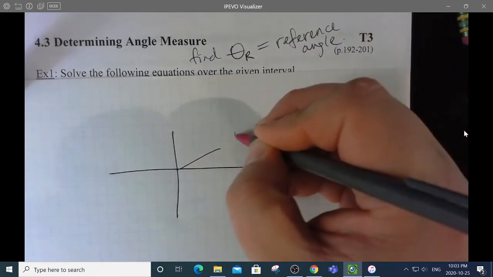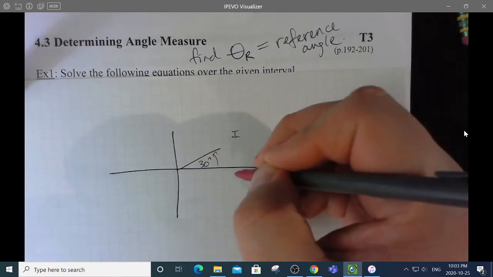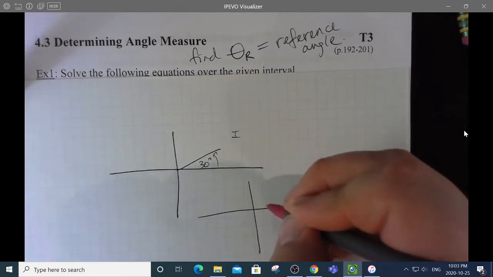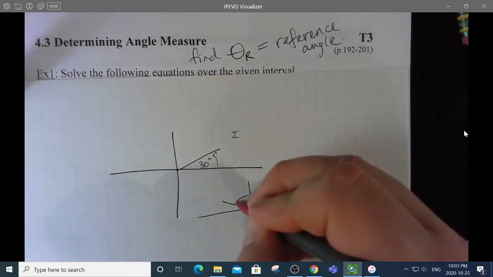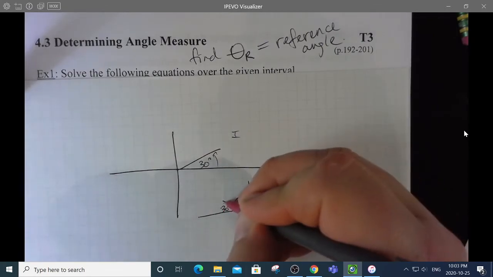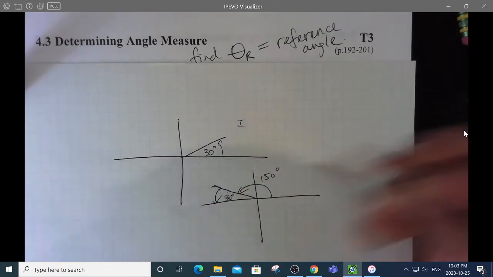So in quadrant 1, all angles are their own reference angle. So if that's 30, the reference angle is 30. But if I had, say, a 150 degree angle, which looks like that, its reference angle is 30 degrees because it's only 30 degrees to get from your terminal arm back to your x-axis.